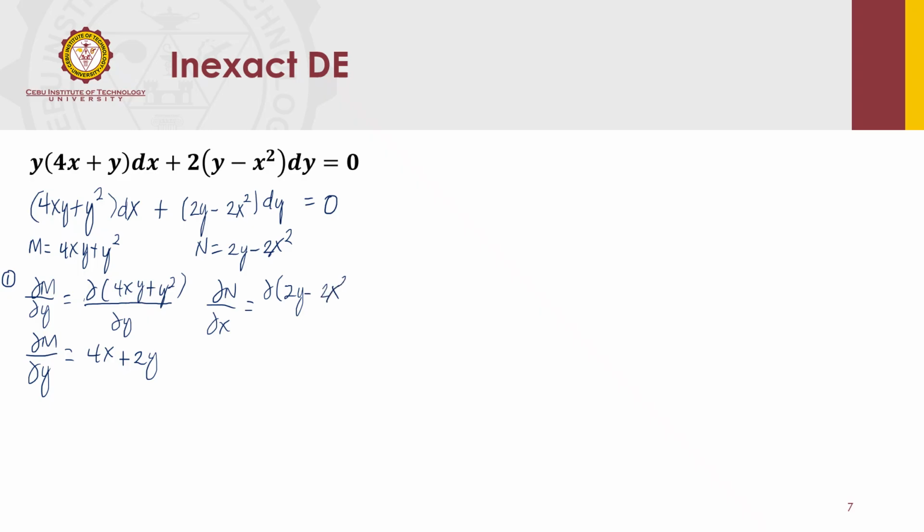Or you can do the one with the equation, proving if the left side is equal to the right side. So the y here is the constant, so it's 0 for the first term and 4x for the second term.